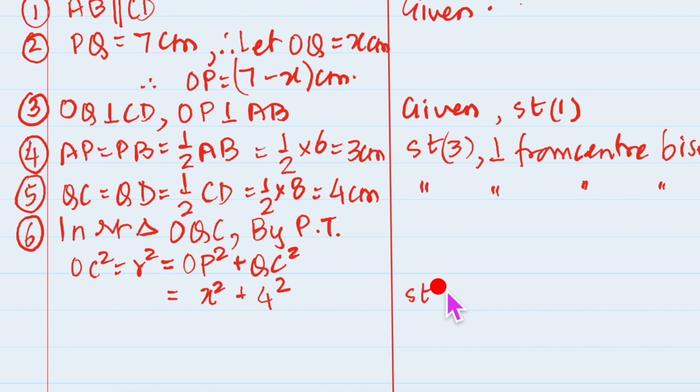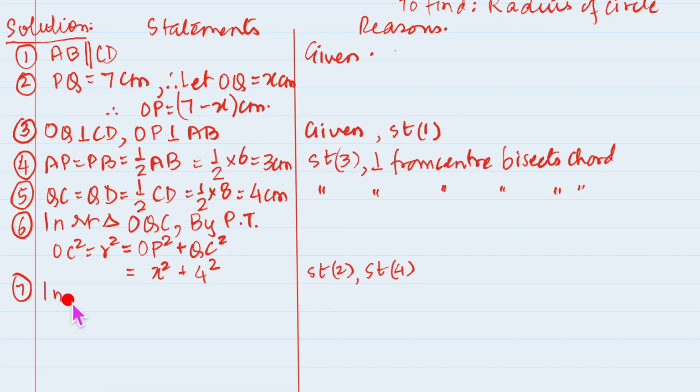This will be from statement 2 where we said OQ is x and QC is how much? QC is 4. Can you see this? So that will be statement 4. Then we are going to statement number 7, and now we are going to take in right triangle.